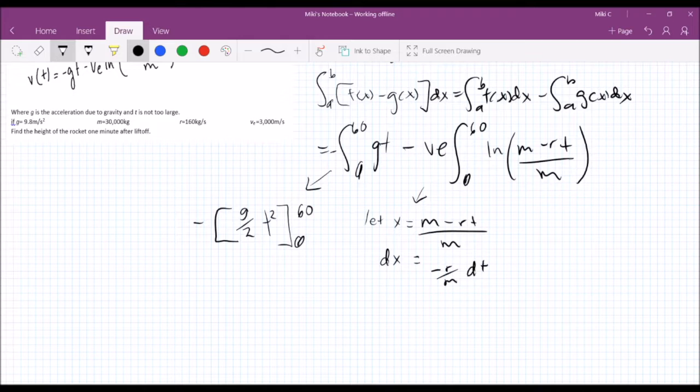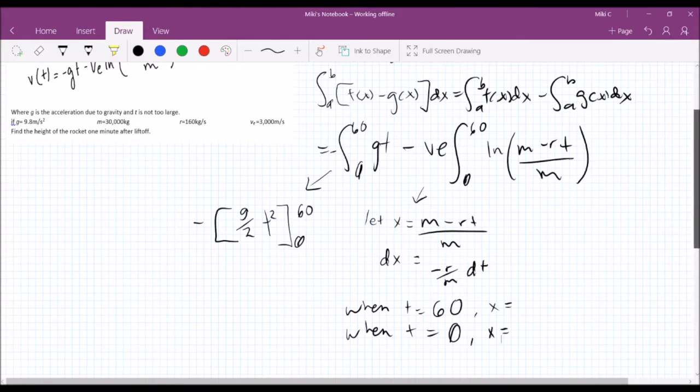So when t equals 60, which is the upper boundary, x is going to equal something else, because when we use substitution, we have to change our upper and lower boundaries accordingly. And when t equals 0, x is going to equal something else.